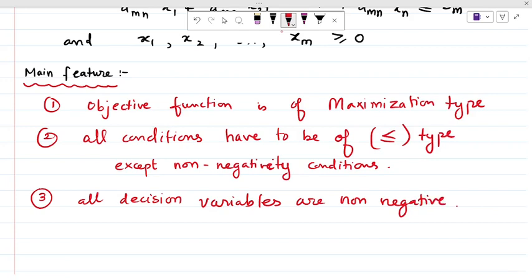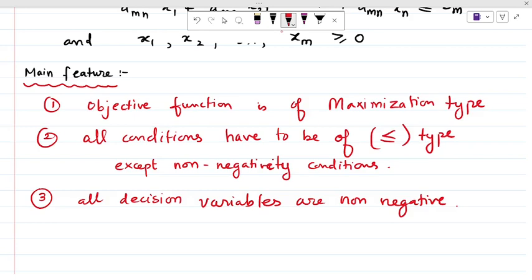Now one very important thing you can consider. Suppose someone has asked you what is the minimization version of this. You take the negative of it and you will get the maximization.